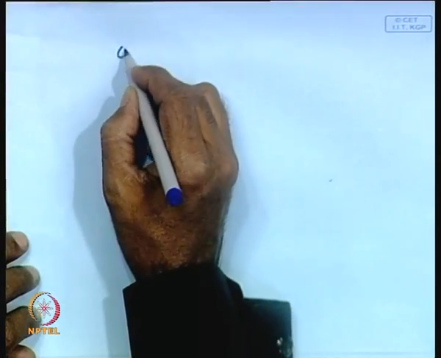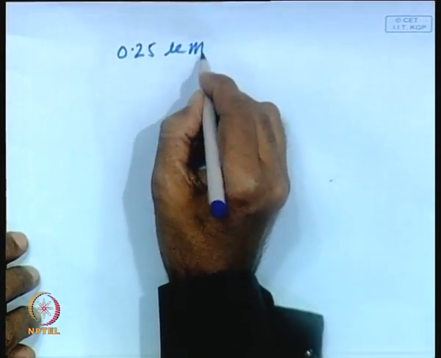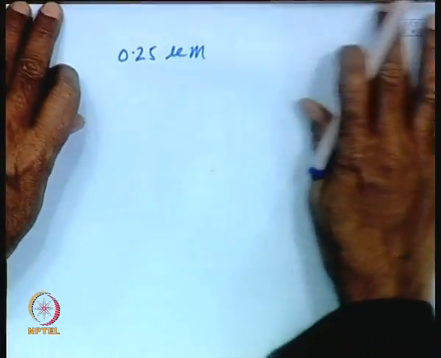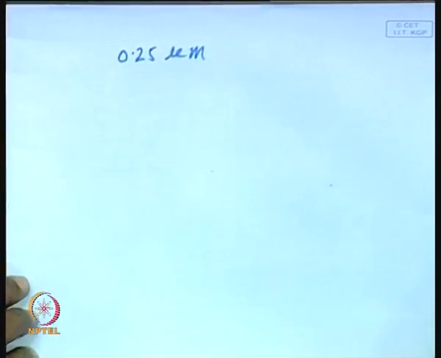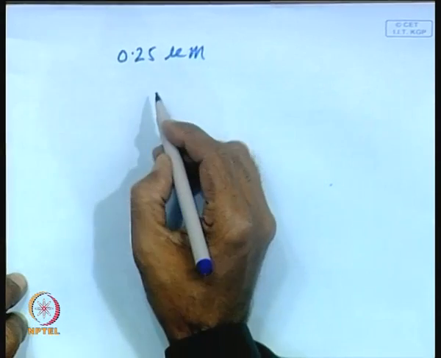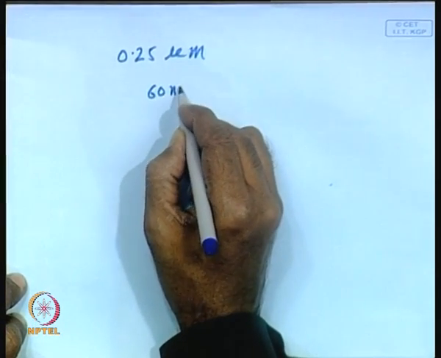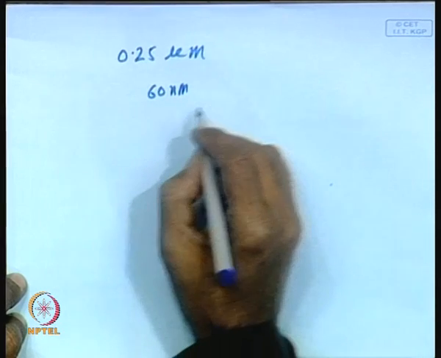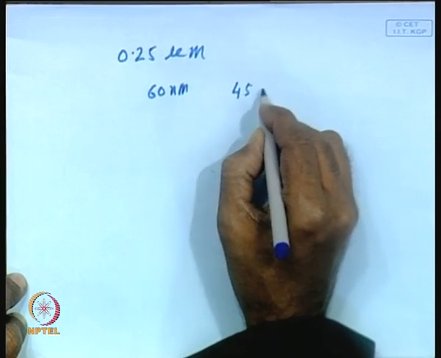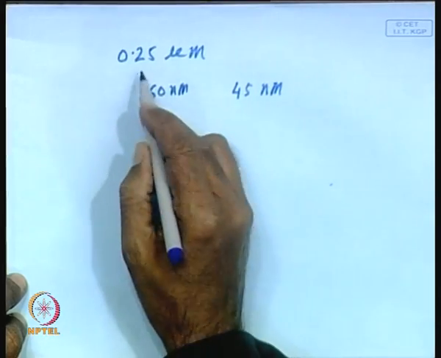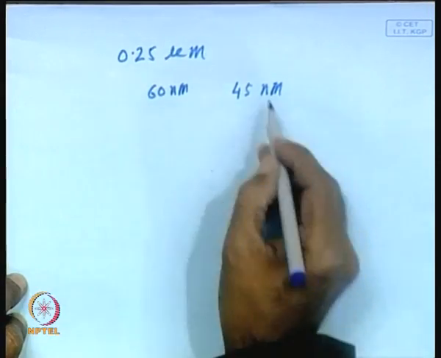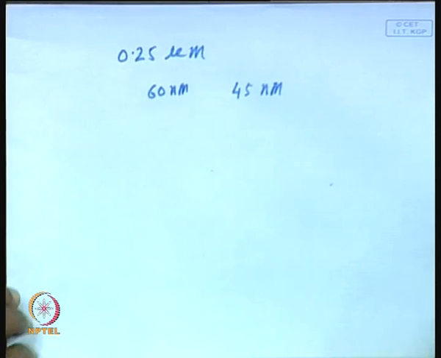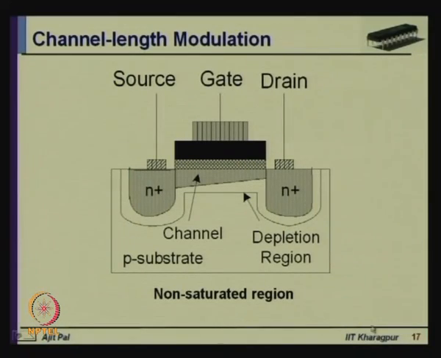When the channel length is say 0.25 micron, this variation is so small that we do not really bother about it, but whenever we are considering say 60 nanometer or 45 nanometer technology instead of 250 nanometer technology, then this channel length variation becomes visible, and it cannot be neglected any longer. First we shall show you why this variation ought to take place.